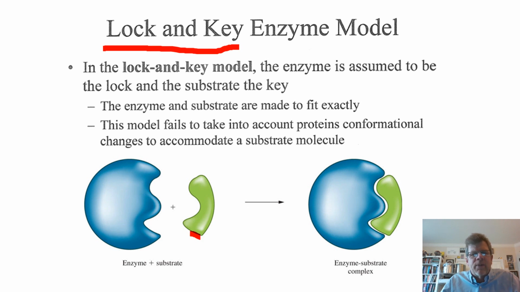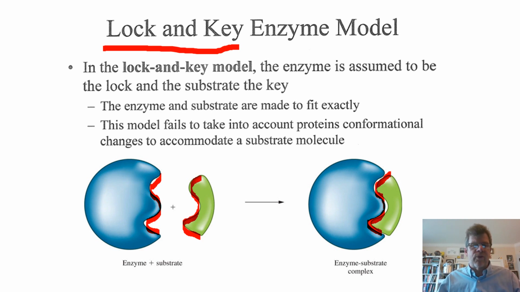Here our substrate has a particular topography associated with it, and the enzyme, if you'll notice, its active site has the exact reverse topography, again, sort of like a key in a lock, and they're made to fit exactly together. And if we look over here on the right now, we have that very tightly bound enzyme-substrate complex.